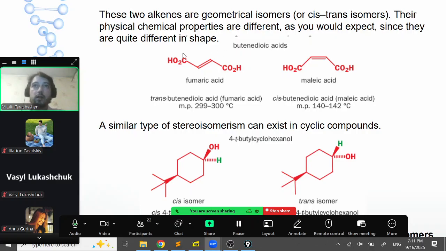If we don't do that, this bond stays, and we have different shapes of these molecules. And you see that the melting point for this molecule is 300 C, and for this molecule, so that's fumaric acid and maleic acid, is just 140 C. So they have quite different melting points.